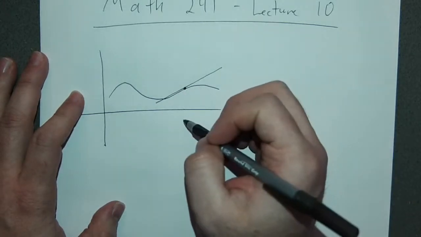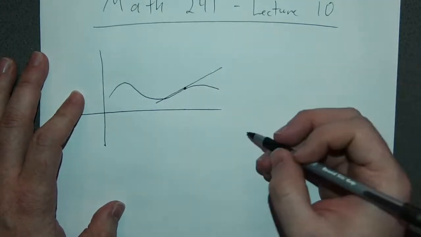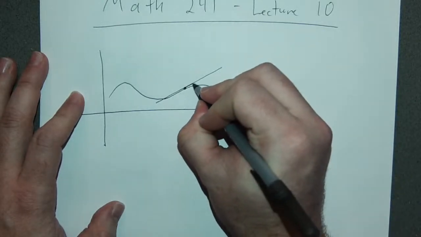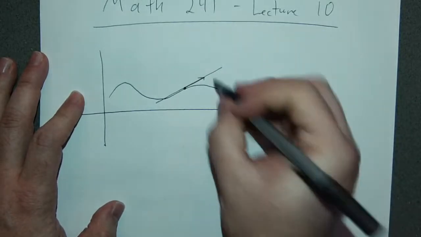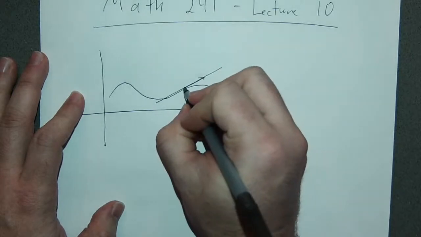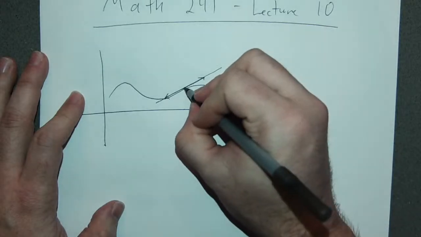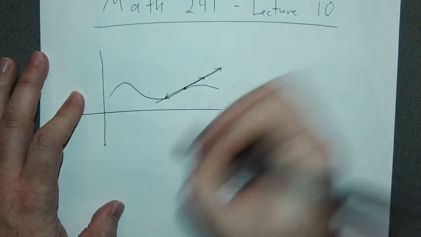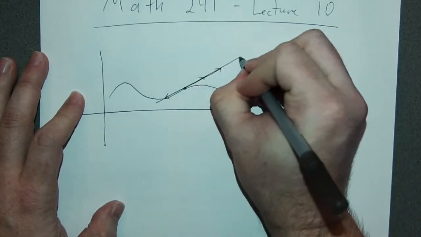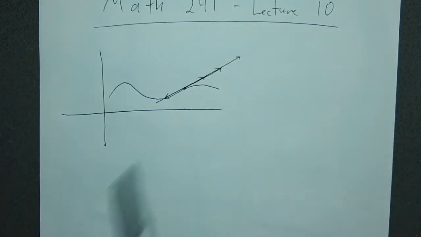This line determines a bunch of tangent vectors, right? So for instance, if I pick this one, that's a tangent vector to this curve at that point. So is this one. We'll talk about that a little bit later. So is this one. That's also a tangent vector. All of those are tangent vectors to this curve at that point, right?